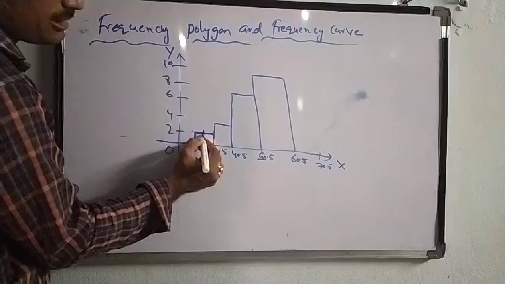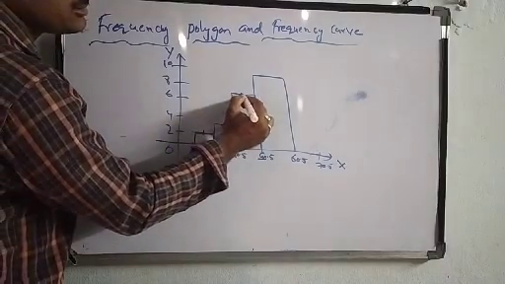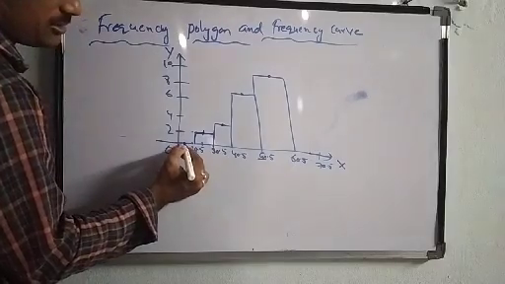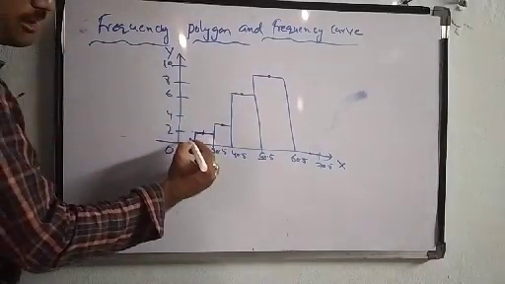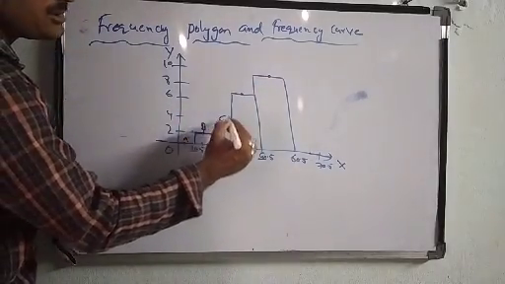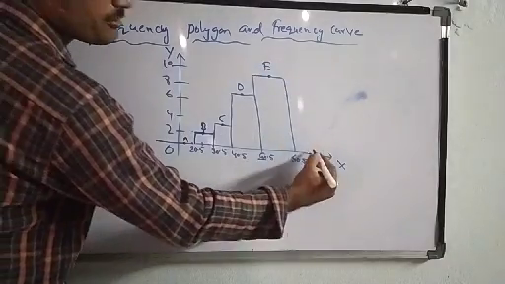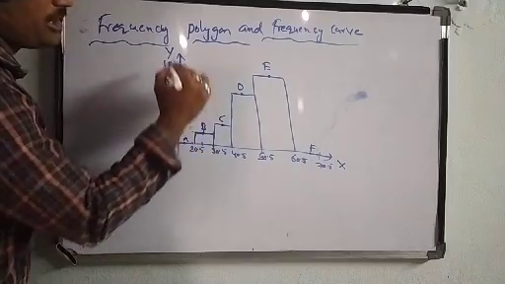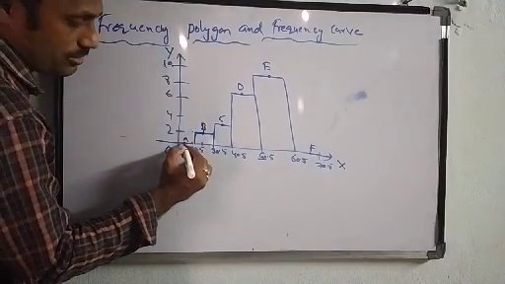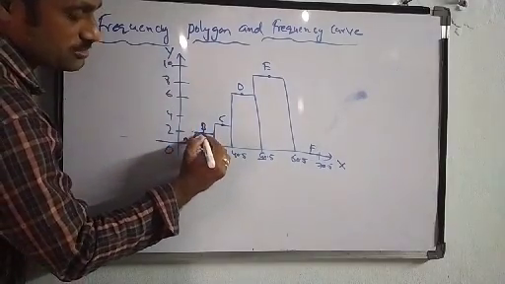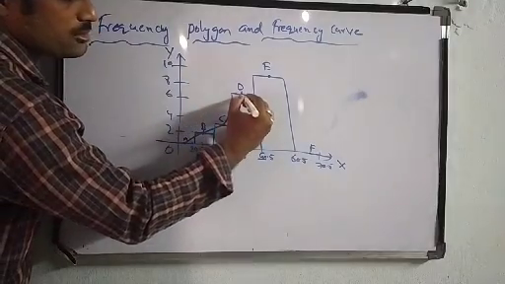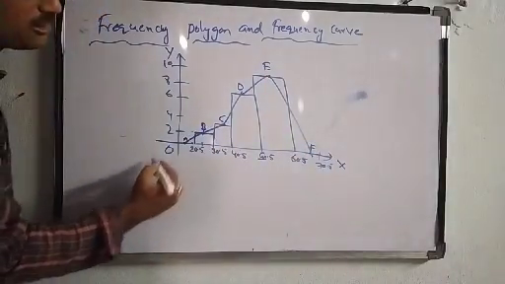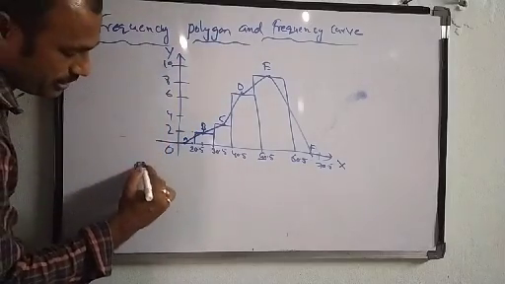First of all, I am going to mark the midpoints of the class. So these are the midpoints which are marked A, B, C, D, E and F. Okay. So these midpoints, if we are joining by using the scale with line segments like this, then I will call it a frequency polygon.